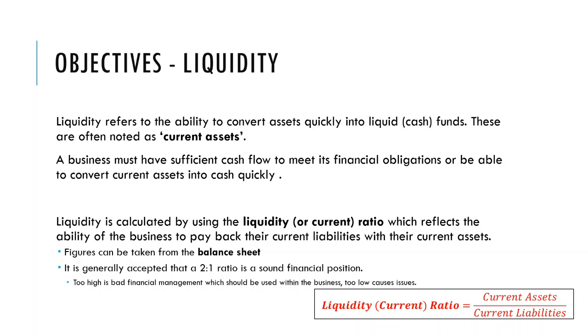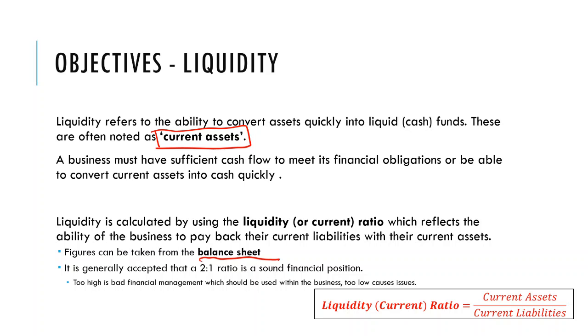So our next objective is liquidity. Now, liquidity means money, having the ability to turn our assets into hard money, cash, in a very short time frame. And this is really related to our current assets. Our current assets can be found in our balance sheet, and essentially this is relating to how we can convert our current assets into cash to service our different liabilities.